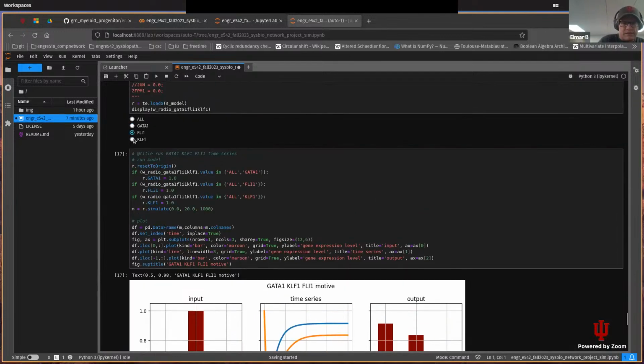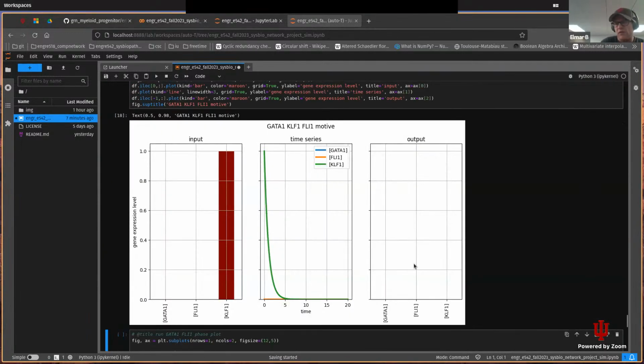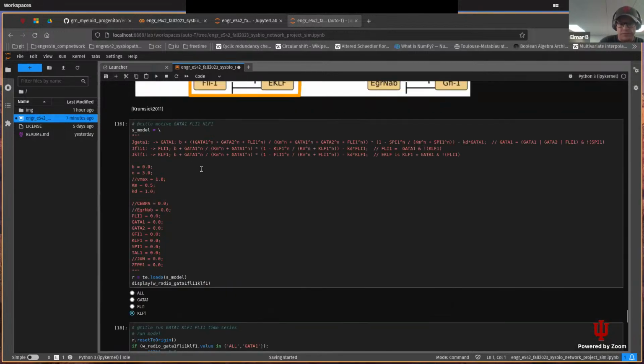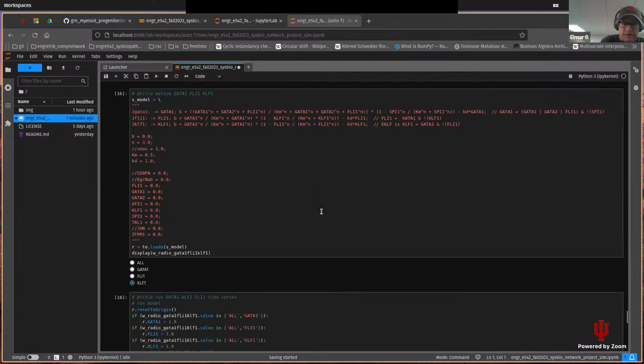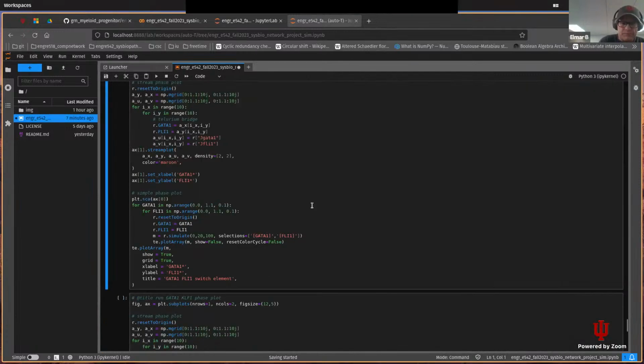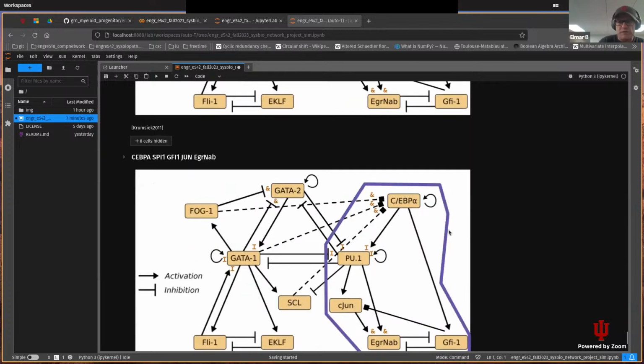You can set another input, and like this, here all of the genes are off. Like this, you can explore each of these modules that we have. And then there is the third module, the same way, and the last module the same way.